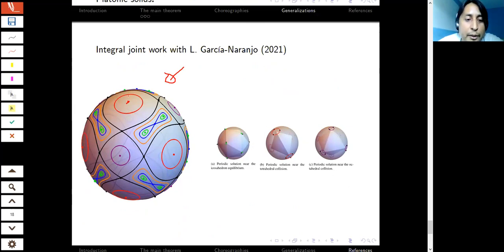And then you have this periodic orbit, which represents 3 vortices going around each one of the points of the tetrahedron. And for example, you have green here, and green represents the icosahedron. And you have periodic solutions, which are green, which are vortices going in circles around the icosahedral equilibrium.